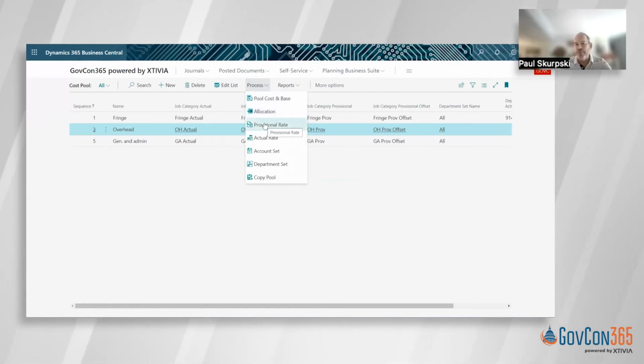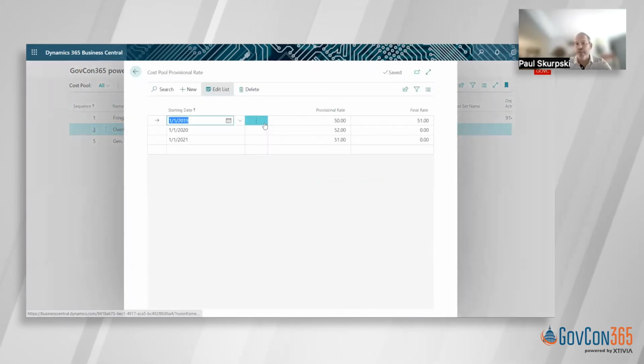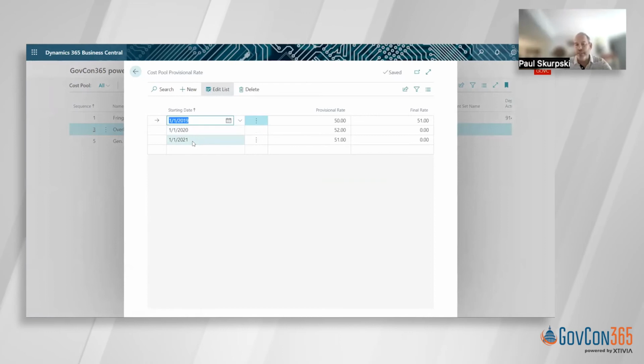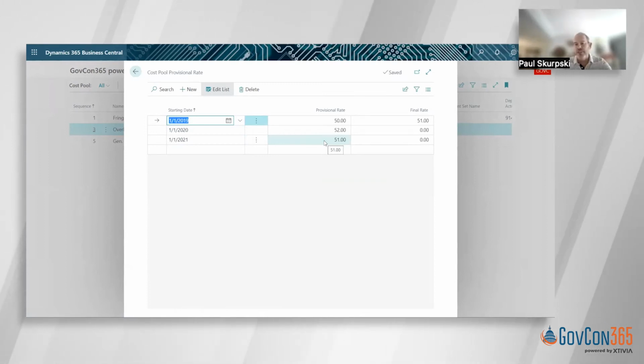In terms of provisional, what would happen is whatever our provisional rate is in our demo setup, and we'll see our provisional rates throughout time, you're going to multiply whatever that provisional rate is times whatever is in our pool to determine what is the provisional allocation.